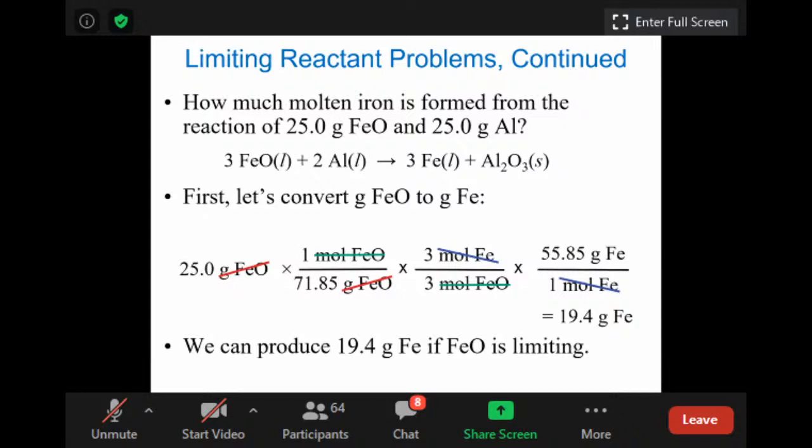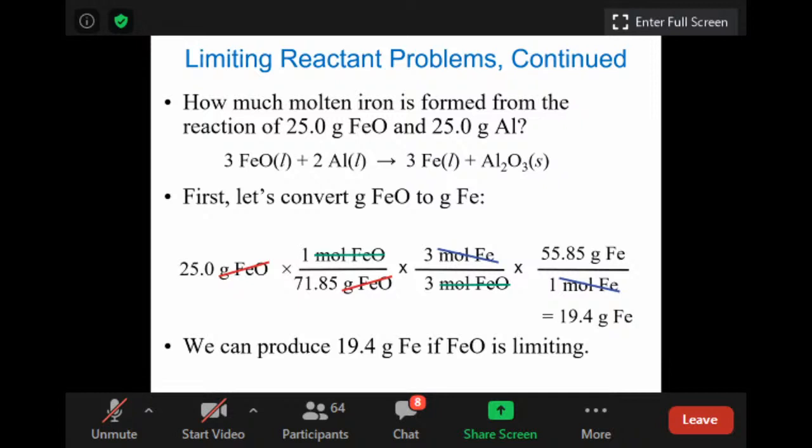How much molten iron, we're going to make a liquid out of iron, is formed from the reaction of 25.0 gram of FeO and 25.0 gram of aluminum? So the first thing we need to do is write the correct equation for this.